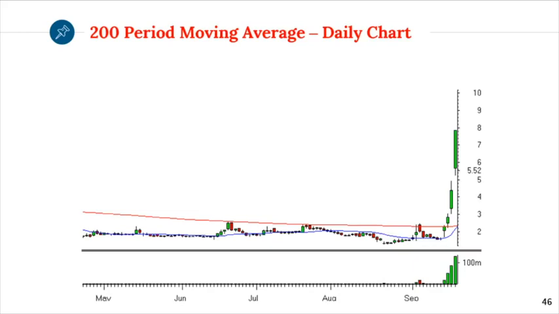But that's what we're talking about. Notice how it was bouncing off the 20, but the 200 is also keeping a ceiling. 200, right? And eventually once it breaks out above it, the sky's the limit.